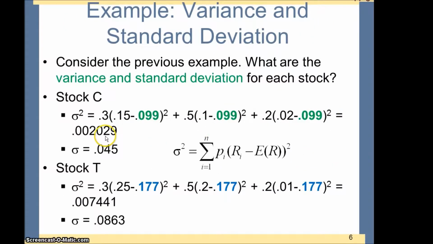Add all up, you get the variance. Now to get standard deviation, take the square root of variance and you get this.